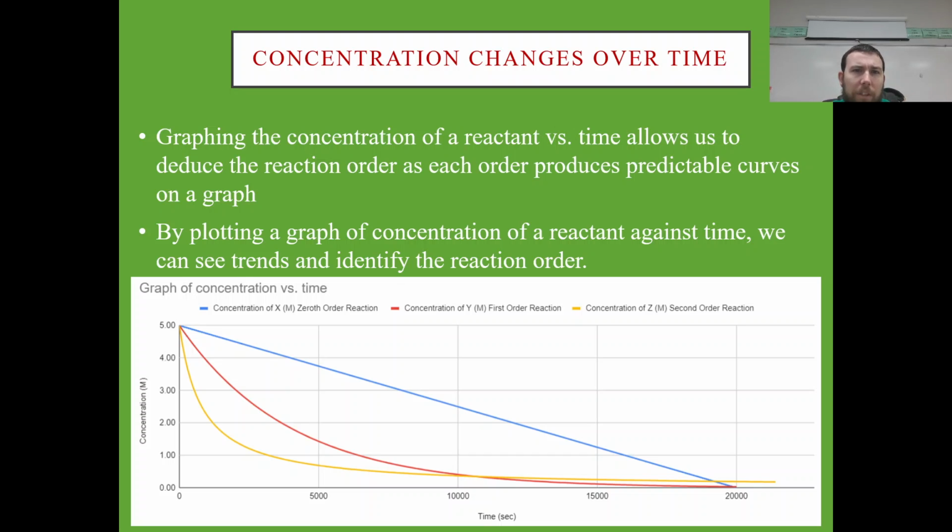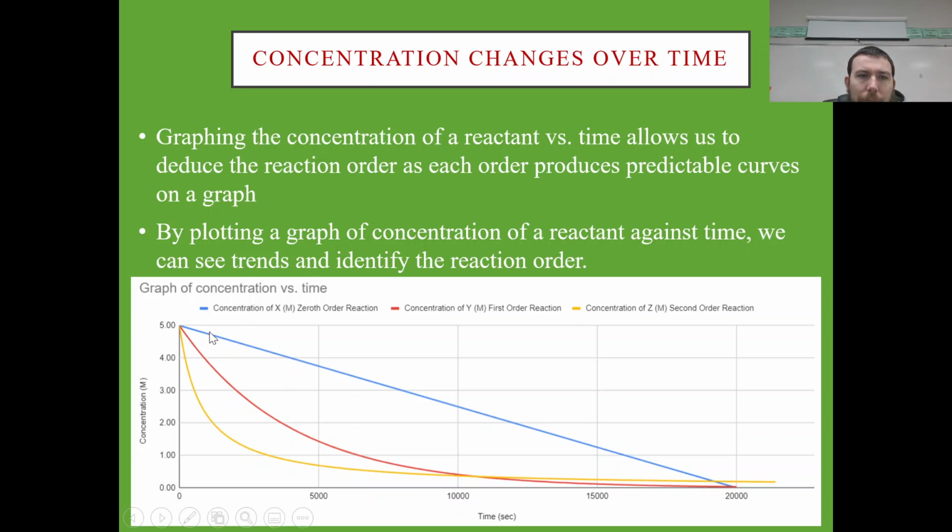Here, we're simply given the graphs, and we're going to be asked to say, okay, because I'm seeing this particular line, curve, or shape on my graph, I need to be able to identify it as either 0th, 1st, or 2nd order, right? By plotting a graph of concentration of a reactant against time, we can see trends and identify the reaction order.